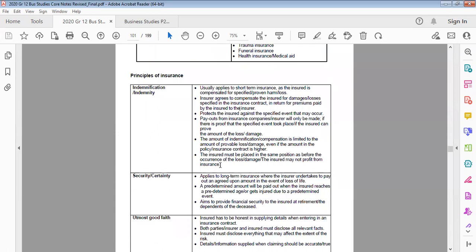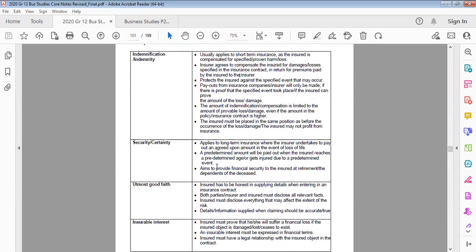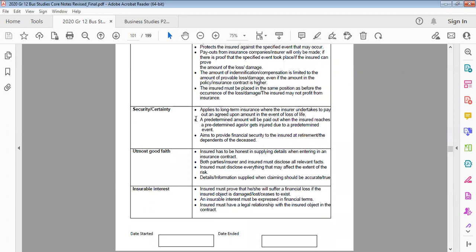Okay, there are some cases though where people use the insurance to benefit from that. Certainty applies to long-term insurance, where the insurer undertakes to pay out an agreed amount in the event of a loss of life. This is when we were talking about life insurance.